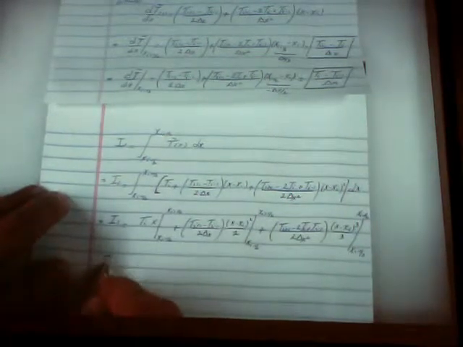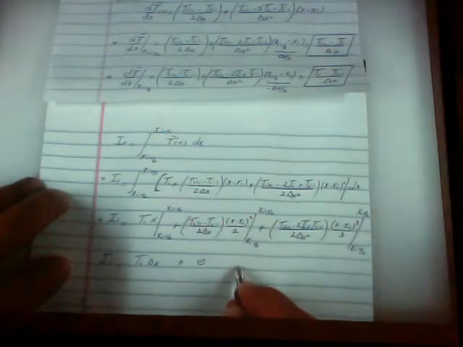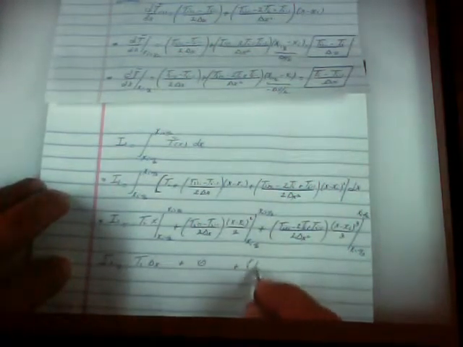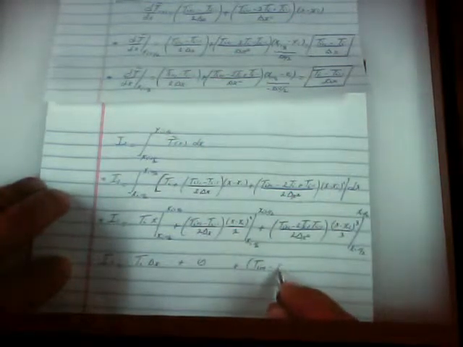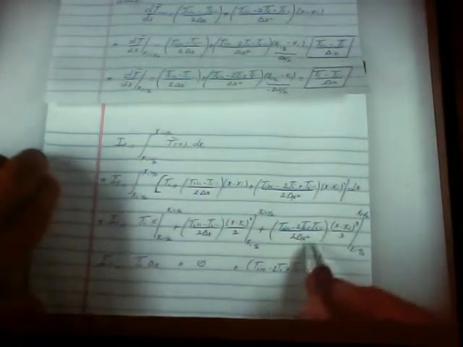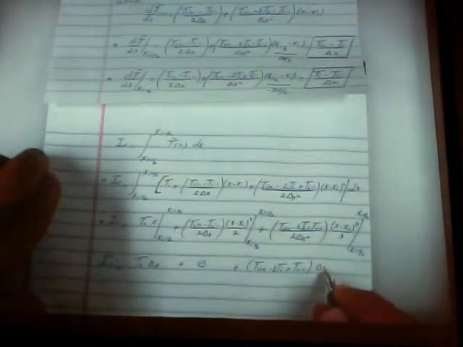So I1 will be T_i delta x plus 0 plus (T_{i+1} - 2T_i + T_{i-1}) times delta x divided by 24.